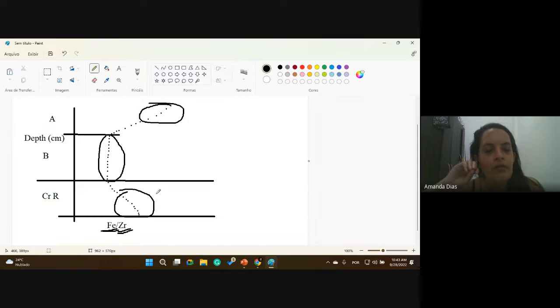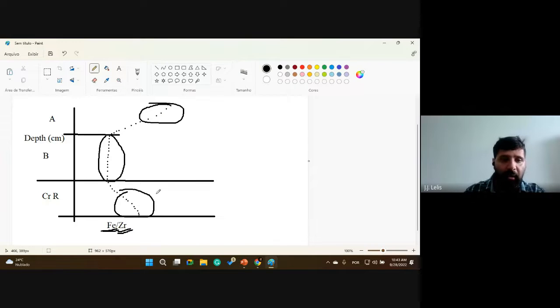Teacher, the presence of the iron in horizon A can be from transport from the area near this soil. Yes, it can be.